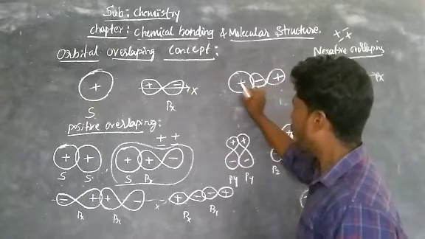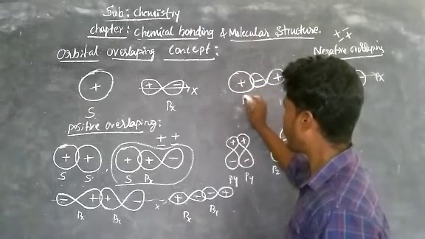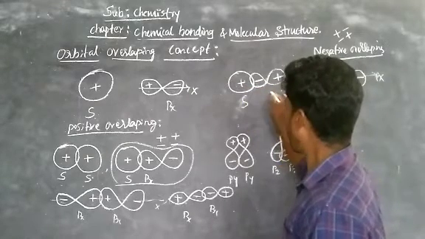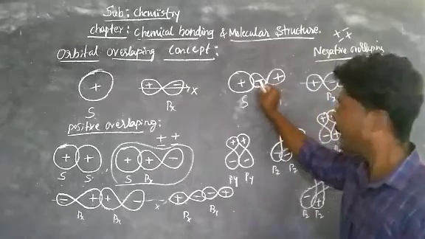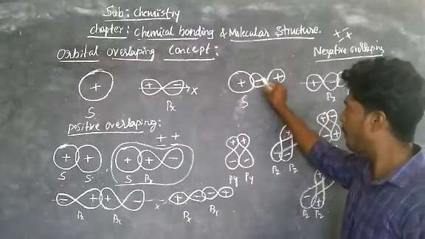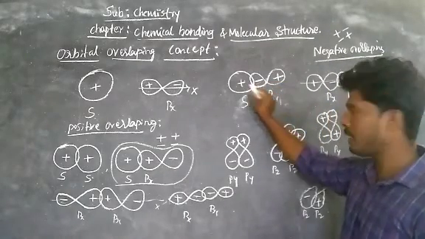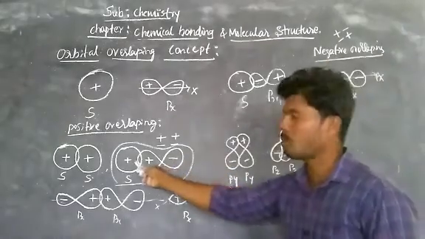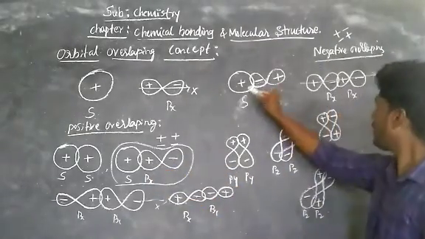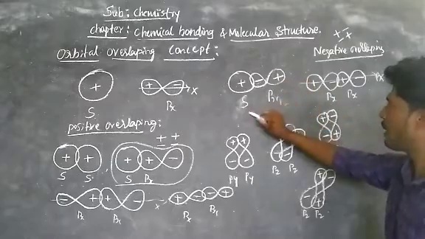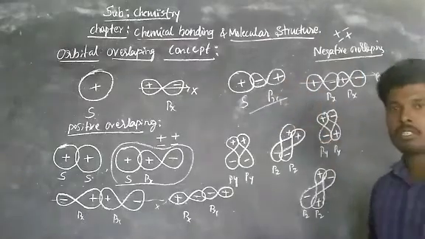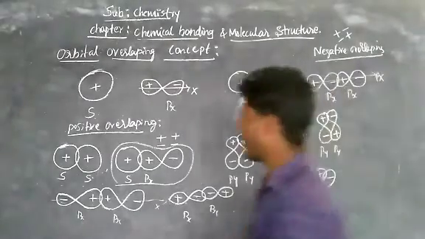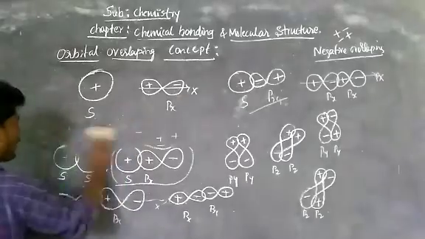So the negative loop of the p orbital overlapping with the s orbital is called negative overlapping. This is called positive. Got it? Plus and minus and plus is called negative overlapping.